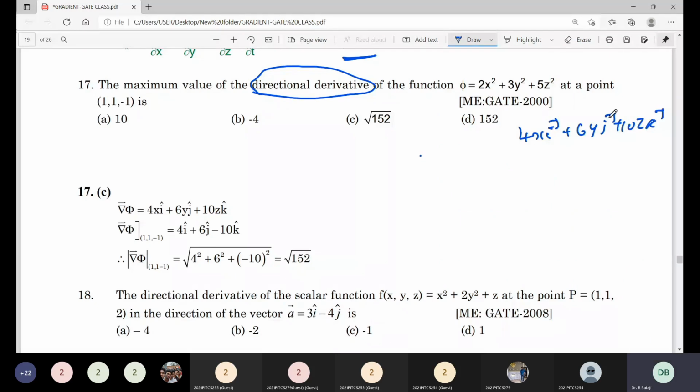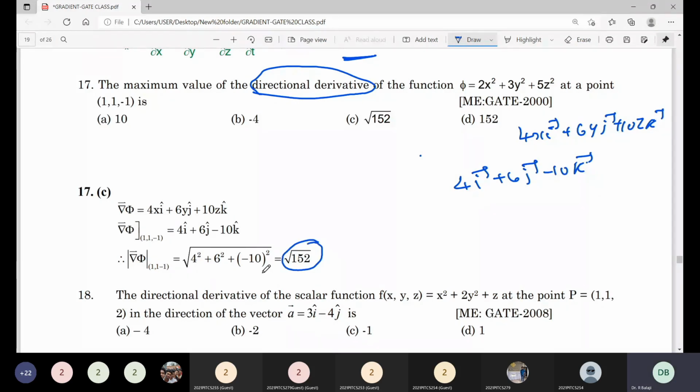So del phi at (1, 1, -1) is 4i vector plus 6j vector minus 10k vector. So modulus of del phi is the root of 4 square plus 6 square plus (-10) square, which is root of 152.